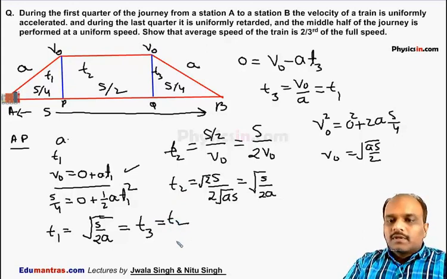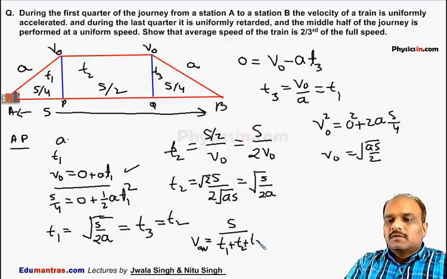Now we have to calculate the average speed. Average speed of the train can be written as V average, which is equal to the total distance traveled divided by total time taken, that is T1 plus T2 plus T3. So the average speed comes out to be S divided by T1 plus T2 plus T3.